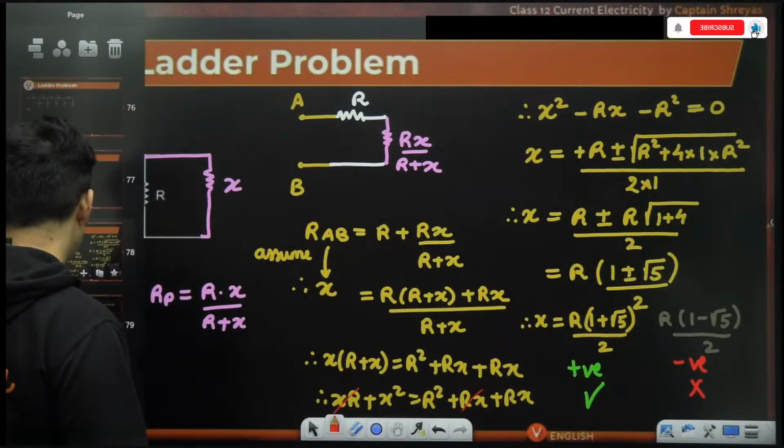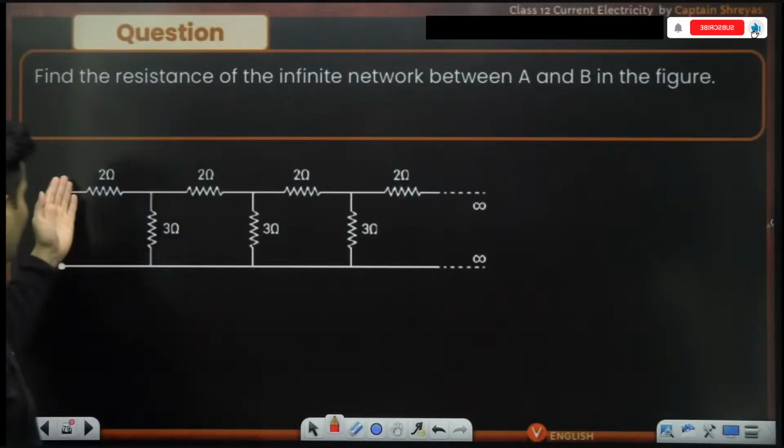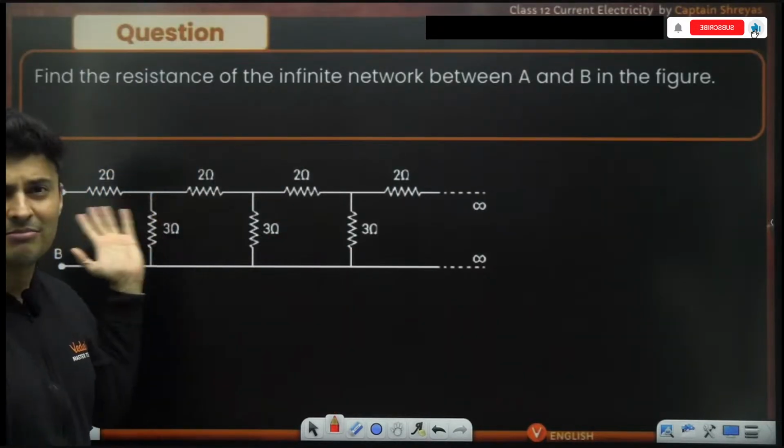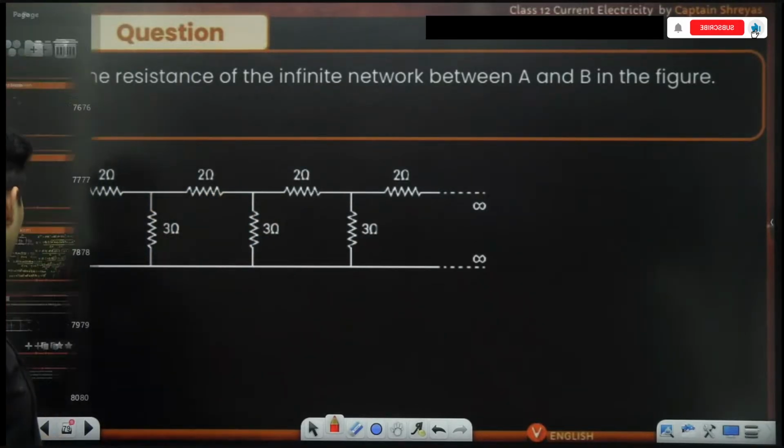Great. Fine, sir. So this same question is also over here, 2, 3, 2, 3, like this. Same thing you can repeat and you can solve the question again and again.